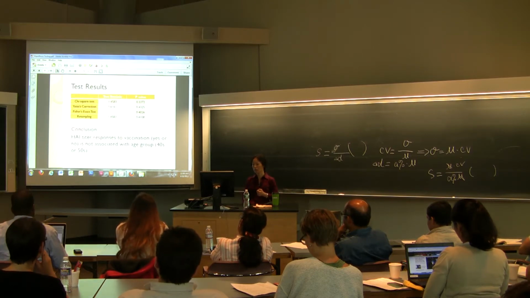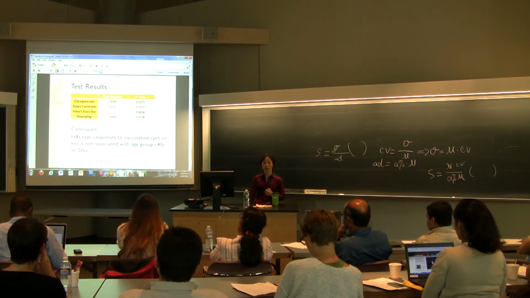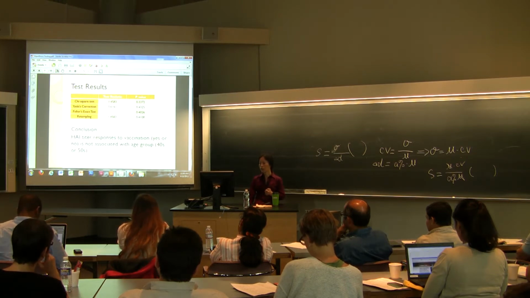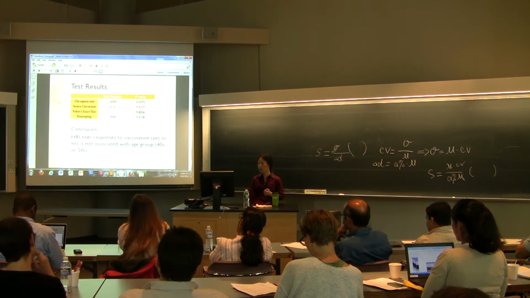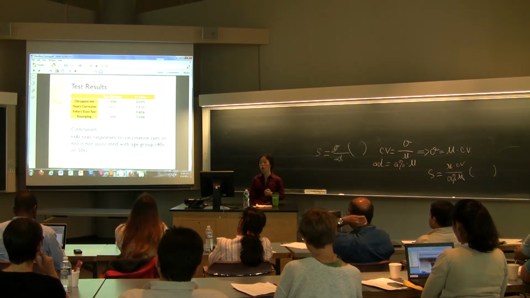Here's the test result. It shows that if we do not do any correction and just use the chi-square statistic, the p-value will be 0.23. But if we use Yates's correction, the p-value will be 0.43. By Fisher's exact test, the p-value will be 0.40. If we do resampling, the p-value will be 0.41.